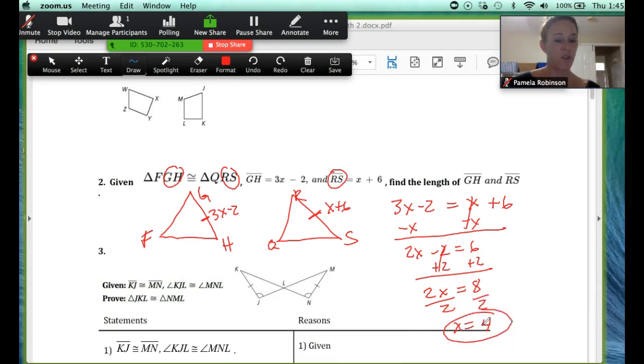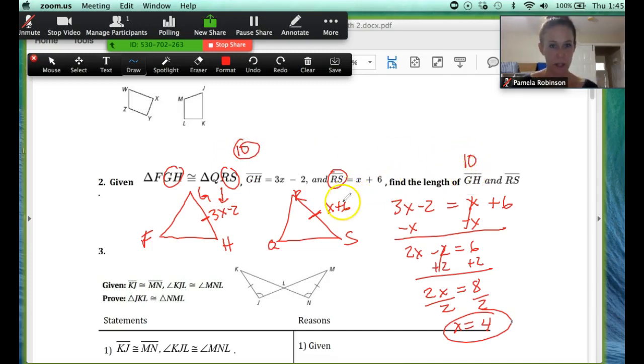But knowing x is 4 doesn't give me my solution. I want the lengths of GH and RS. Plugging 4 into GH, 3 times 4 is 12, and 12 minus 2 is 10. So GH will be 10.